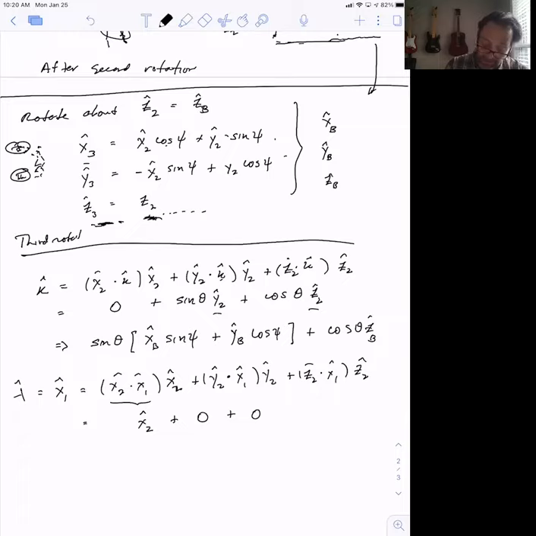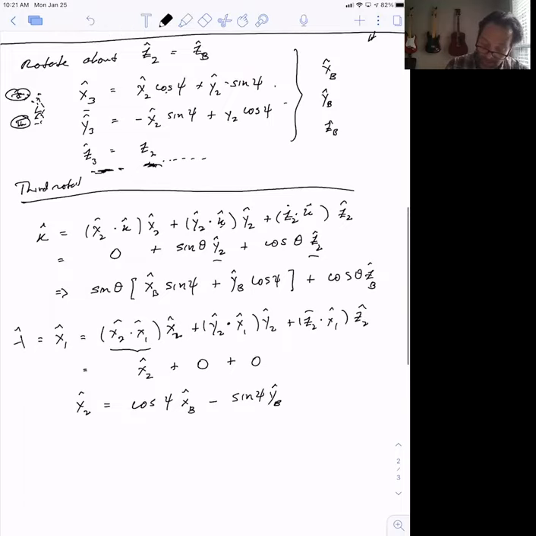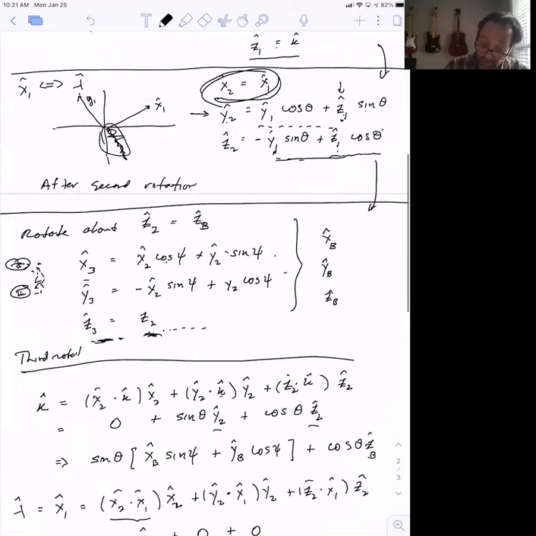So I will get x2 hat equal to: multiply the top one by cosine psi, x body hat minus sine psi y body hat, and that's x. And I know that this is back here.